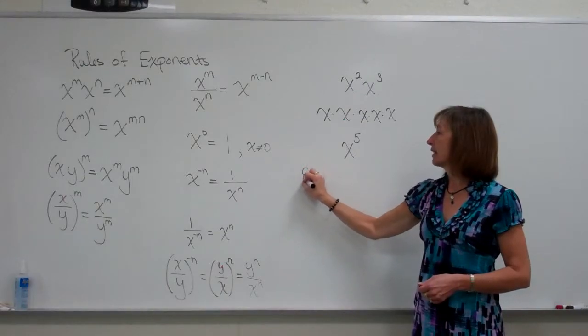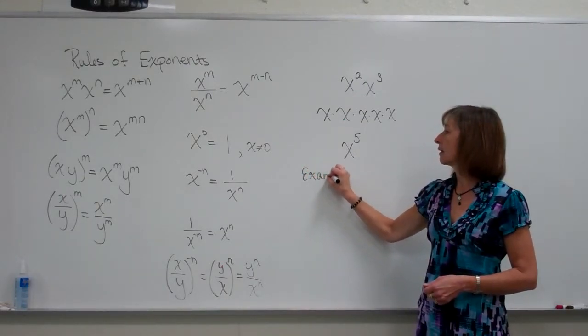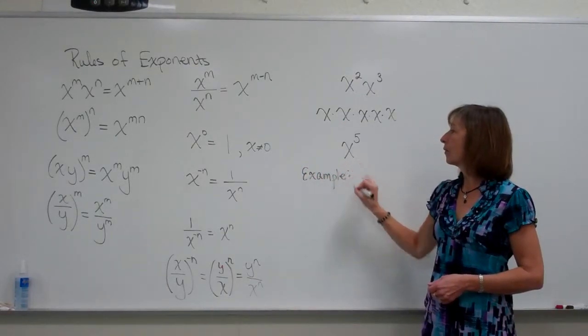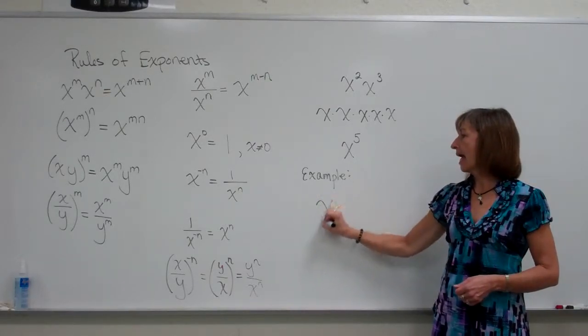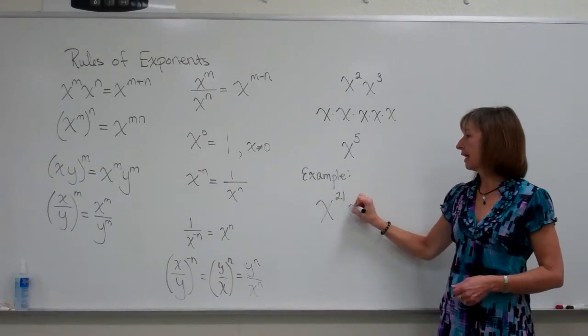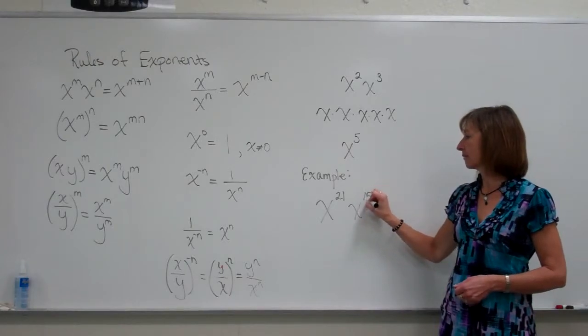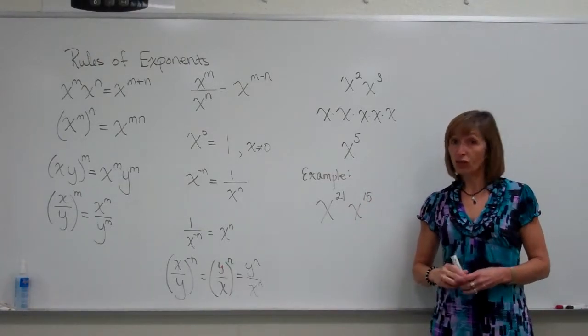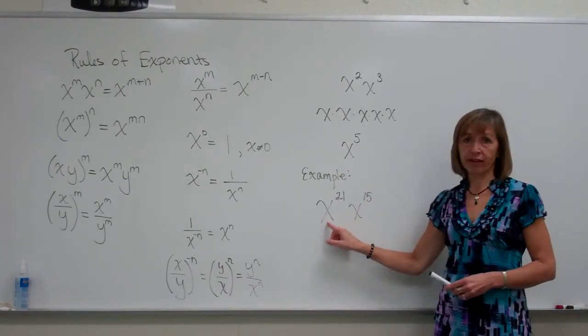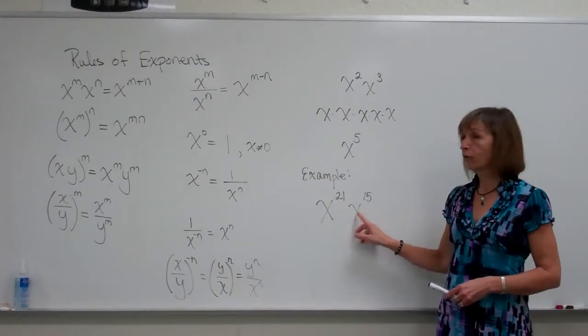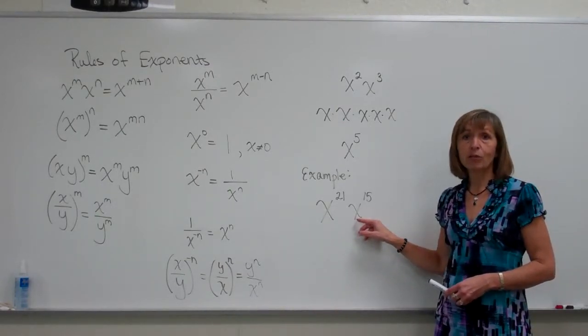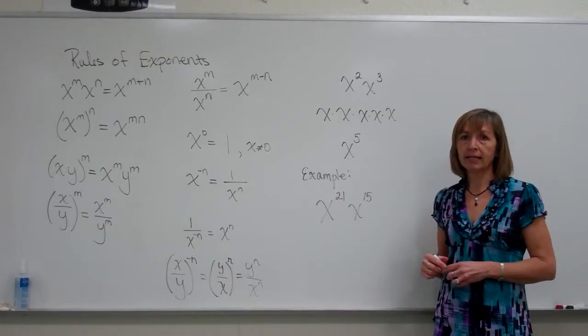So as another example, what if we had x to the 21st times x to the 15th? Certainly I could write out 21 factors of x times 15 more factors of x, but that would be a long drawn-out process.